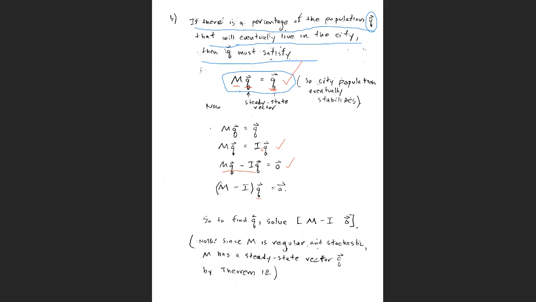Just out of curiosity, look how I did the factorization. Could I say that the vector Q times M minus I, the 2 by 2 identity matrix, equals the 0 vector?